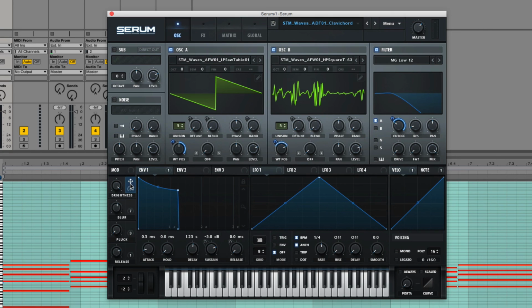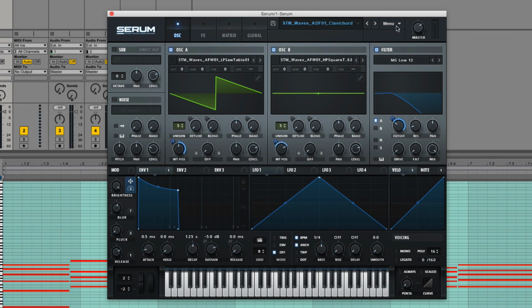Then we have a wavetable position knob. It's set as brightness, so it increases the amount of upper harmonics on the saw wave. It increases the amount of harmonics on the high pass square wave because, you know, it's in the opposite direction of a low pass table.